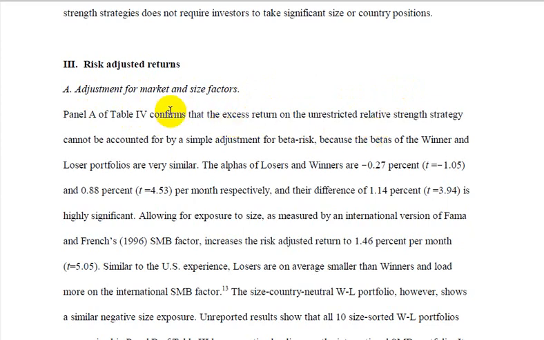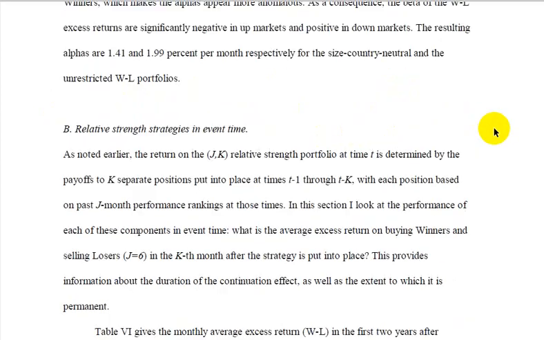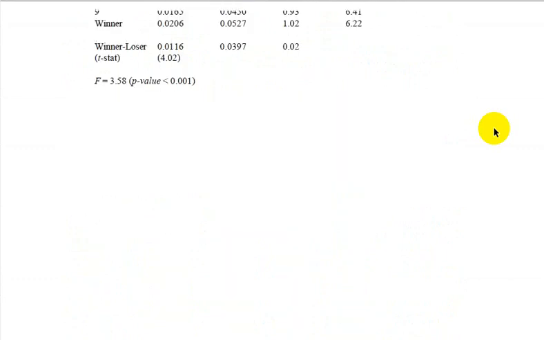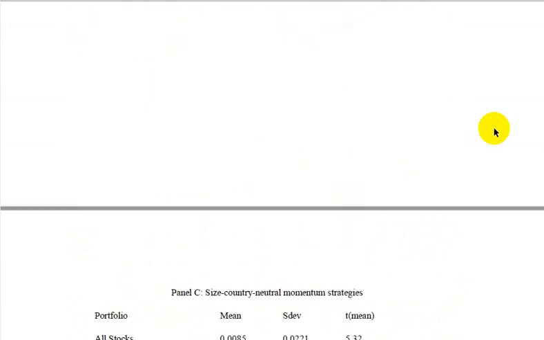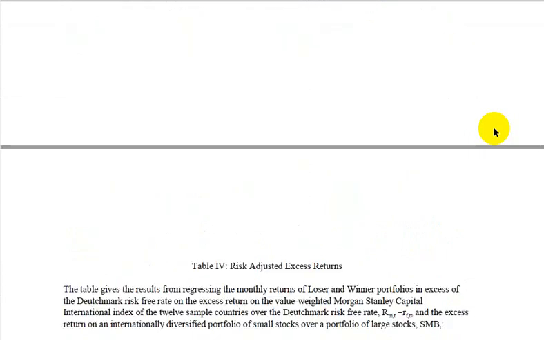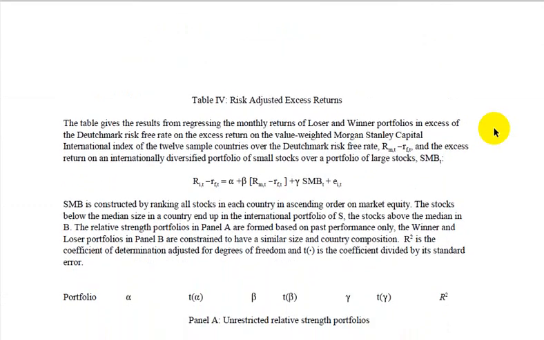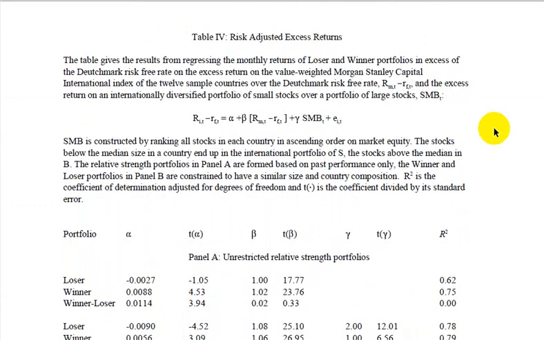It looks like they didn't really explain much of what they did or the regression that they used, but I think that's going to be down in the table, so let's take a look. Okay, so table 4, risk-adjusted excess returns.